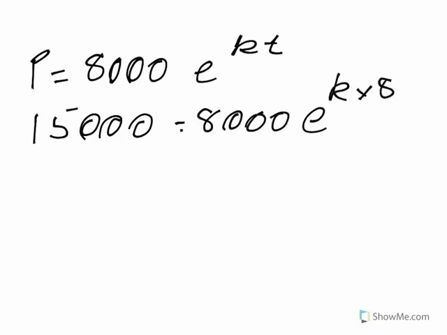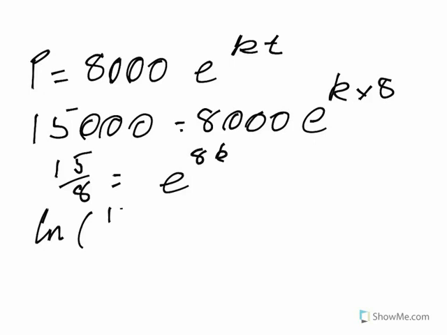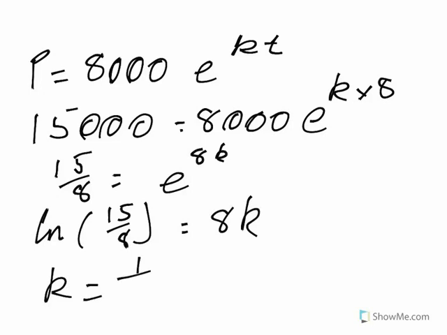Divide both sides by 8,000, do some cancelling, and you get 15 on 8 equals e to the 8k. Log to the base e of both sides. So k is, in exact values, 1 on 8 log to the base e of 15 on 8.